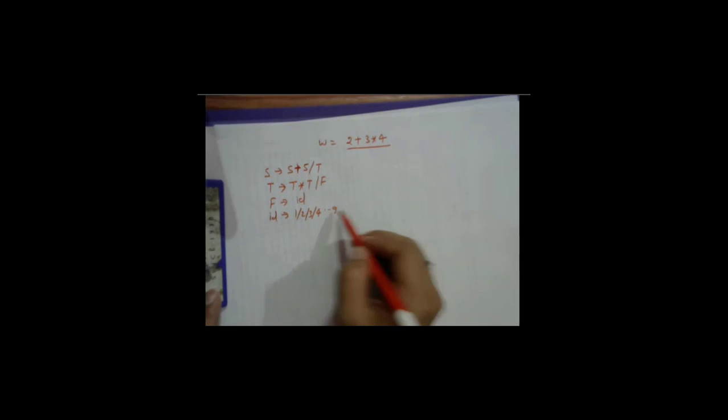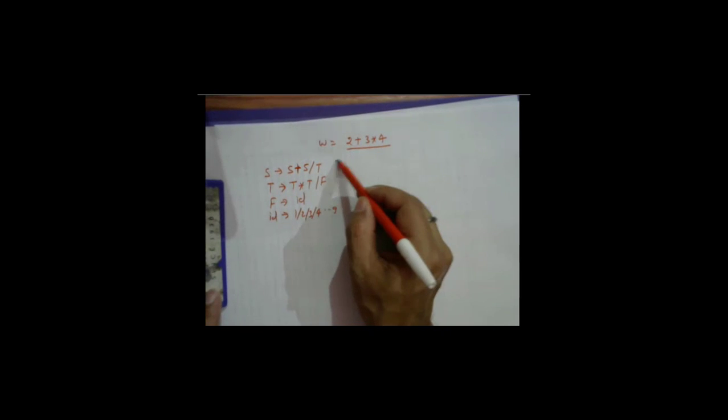The grammar is given: S tends to S plus T, T tends to T into F, F tends to id, and id tends to 1, 2, 3, 4 up to 9.